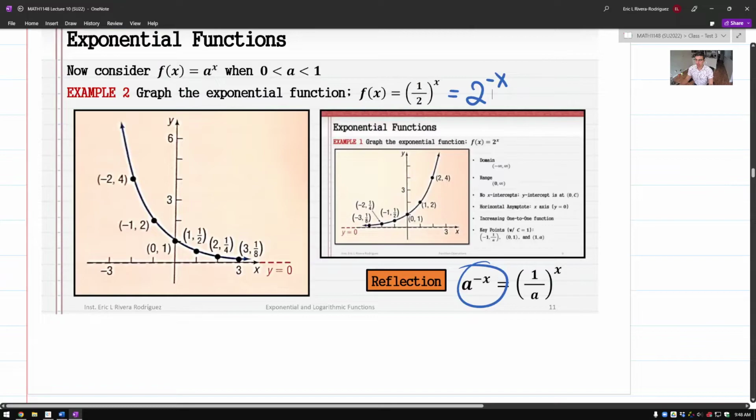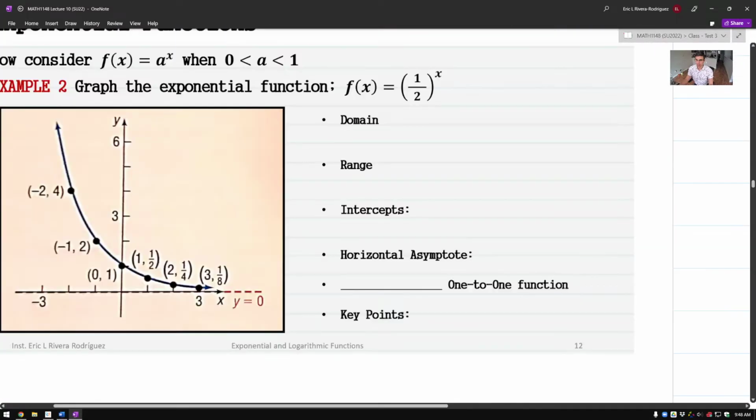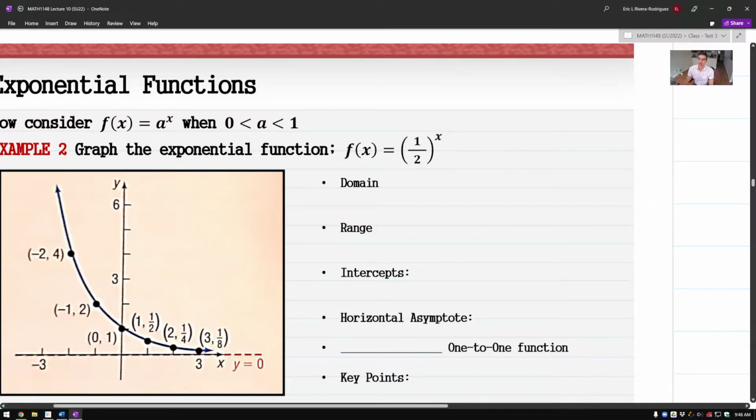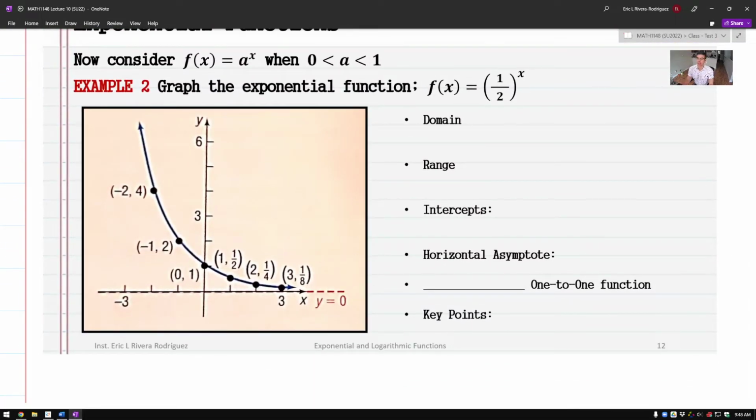Okay? So now we are ready to answer all this. The domain, is there any restriction on the domain of this function here? What is the domain?